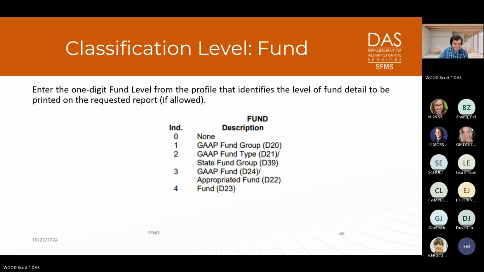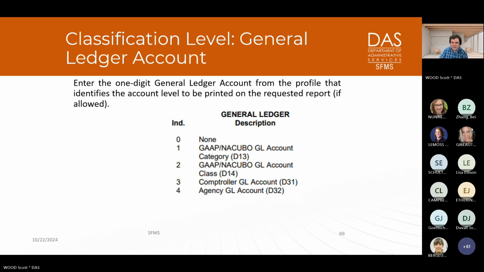And as for general ledger or account, you also have the option to classify this report by, again, general ledger accounts. So we go from GL account category to GL account class, to comptroller GL, and then finally agency GL.